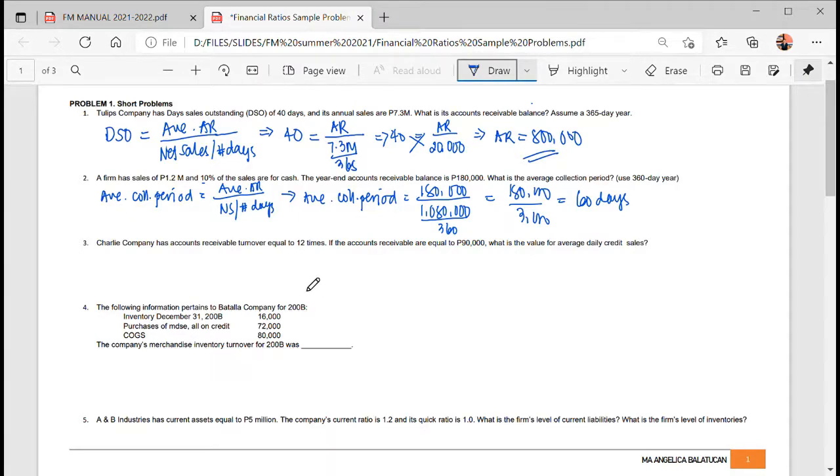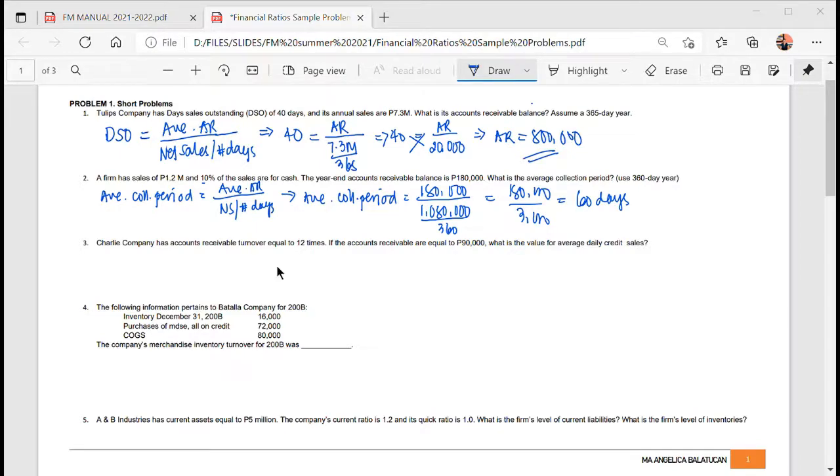Next, question number 3. Charlie has accounts receivable turnover equal to 12 times. If the accounts receivable are equal to 90,000, what is the value of the average daily credit sales? How much is the average daily credit sales?